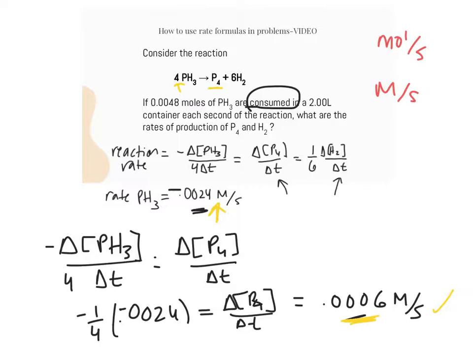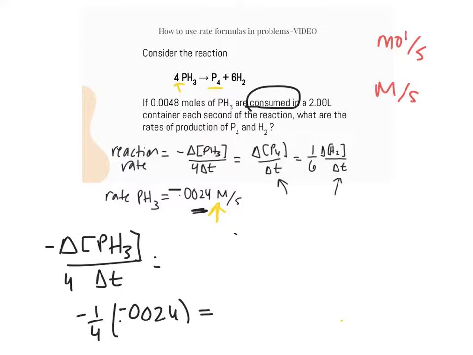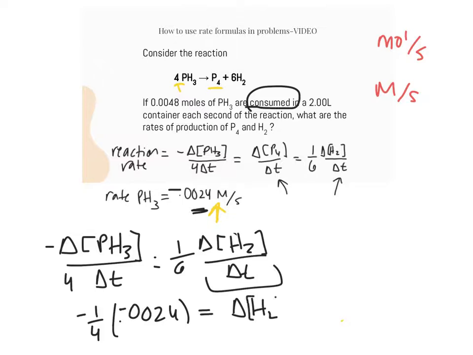Maybe we should have done them opposite because the other one's going to be easier. So let's see this same idea. Let's erase this and this. And now we're going to set it equal to 1/6 times the change in H2 over the change in time. So this time, to get this rate by itself, I'm going to have to multiply this 6 to the other side.